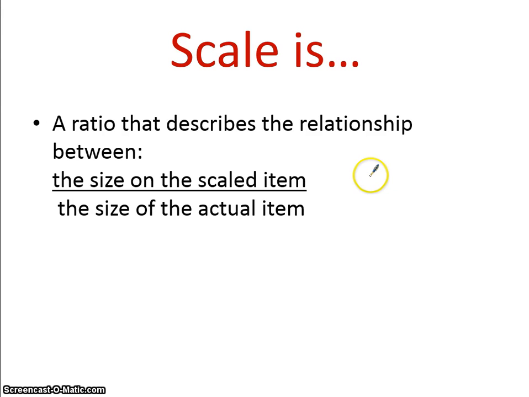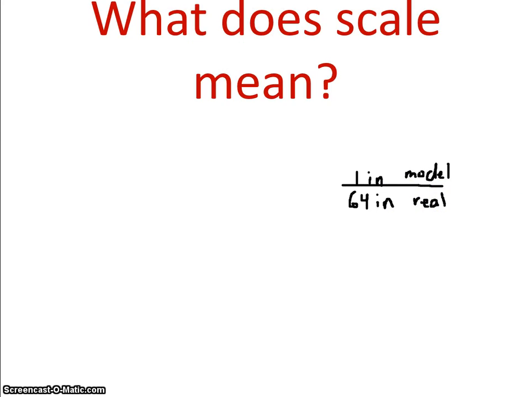So for instance, if you have a Matchbox car at home, it has a scale of 1 inch to 64 inches. This means that every 1 inch on the model is 64 inches on the real car. It's a relationship between the model size and the real size.